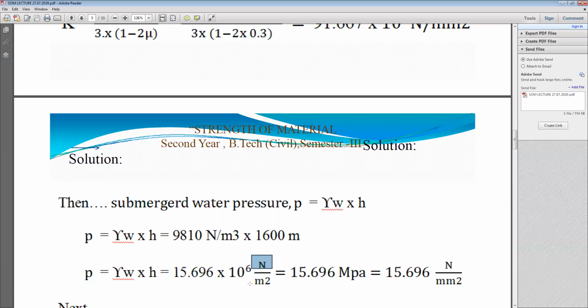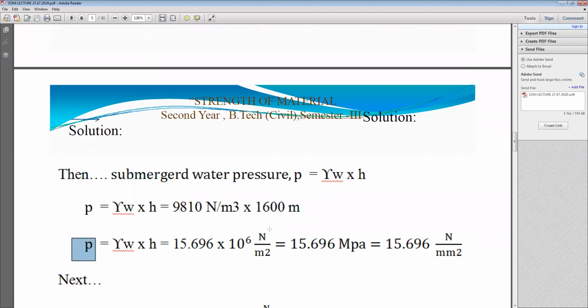But for our convenience, we should carry out all terms in terms of Newton and all terms in terms of mm. So we have to convert P from Newton per meter square to Newton per mm square. How to convert, let us see here.